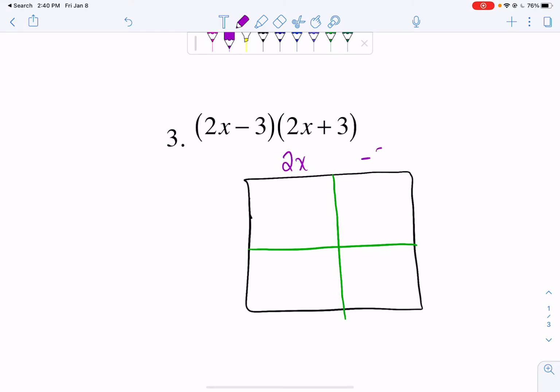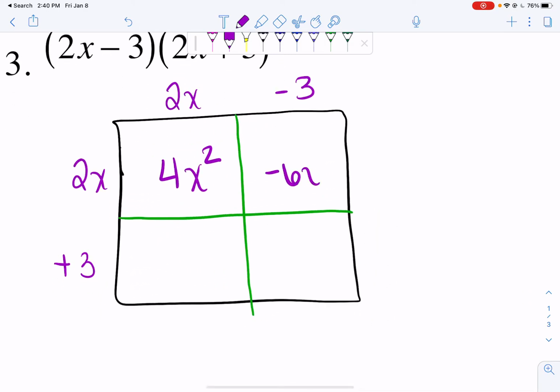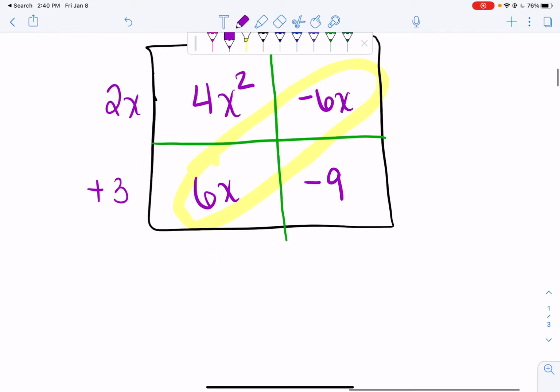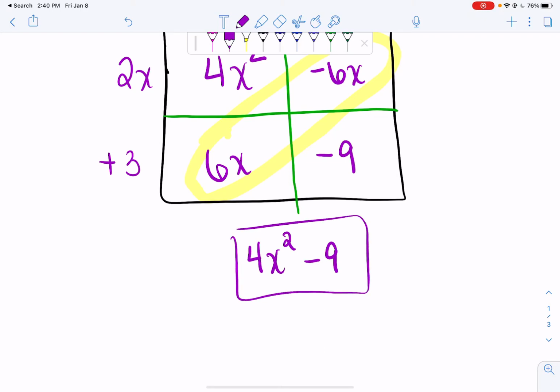So 2x minus 3, 2x plus 3. 2x times 2x is 4x to the second power. 2x times negative 3 is a negative 6x. 3 times 2x is 6x, and 3 times negative 3 is a minus 9. Highlight those like terms in your diagonal, they cancel each other out again. So I get 4x squared minus 9 as my final answer.